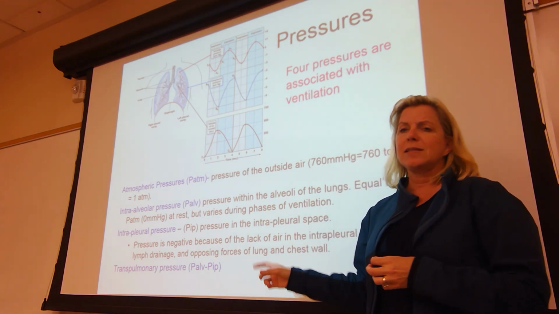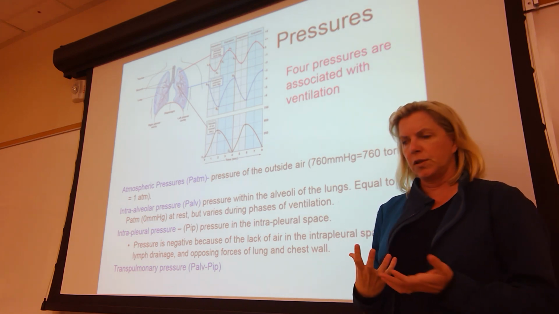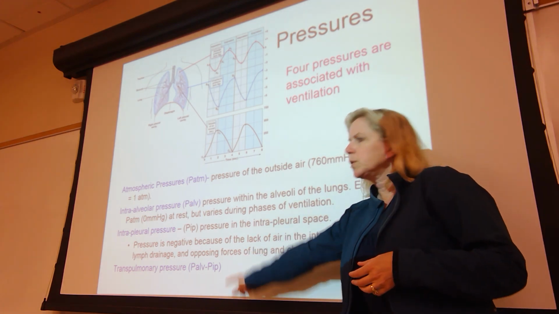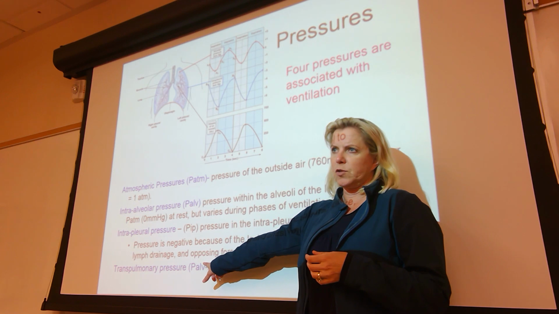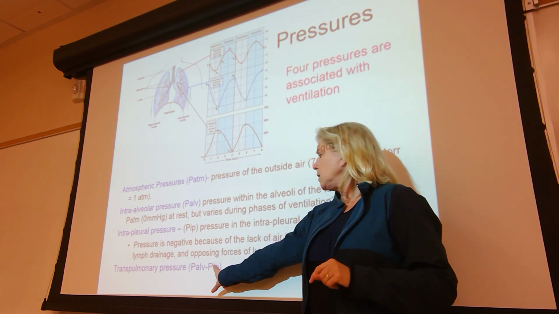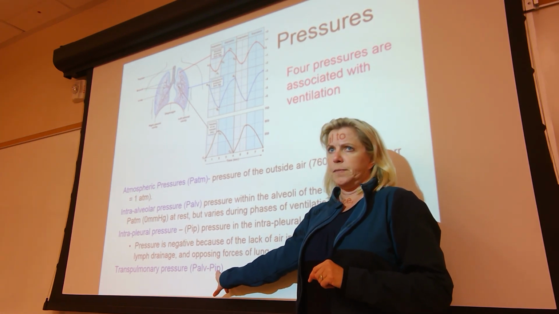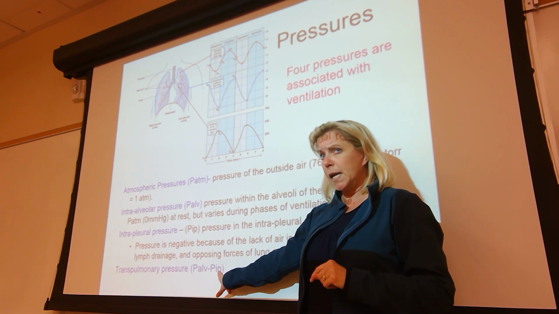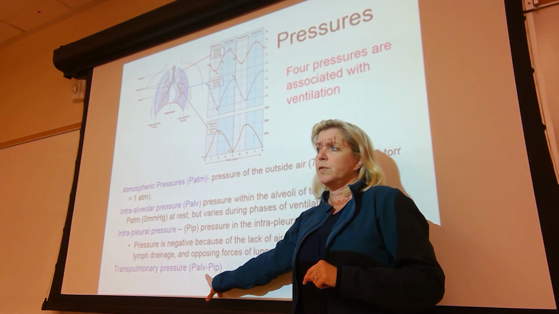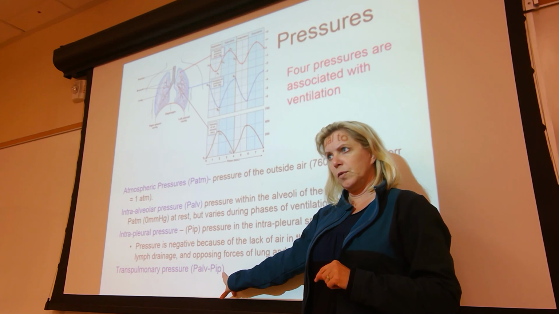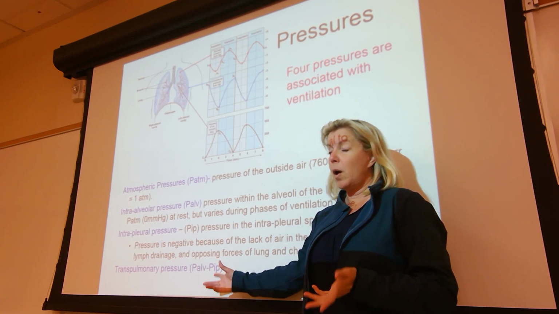Transpulmonary pressure is a simple subtraction equation. We subtract the intrapleural pressure from the alveolar pressure. Look carefully. Intrapleural pressure is always negative. So what happens if you take a negative of a negative? You get a positive.